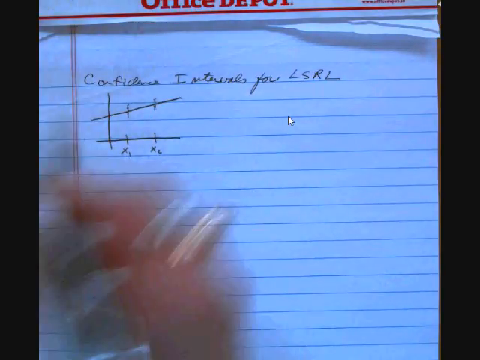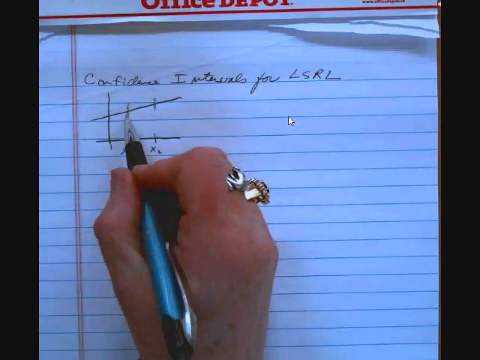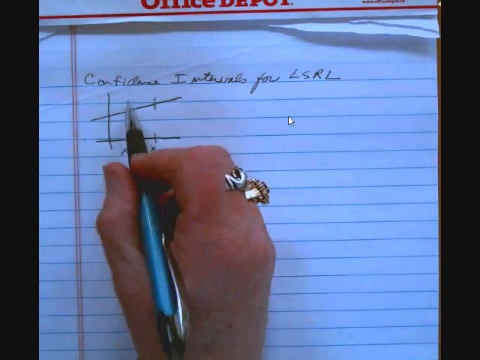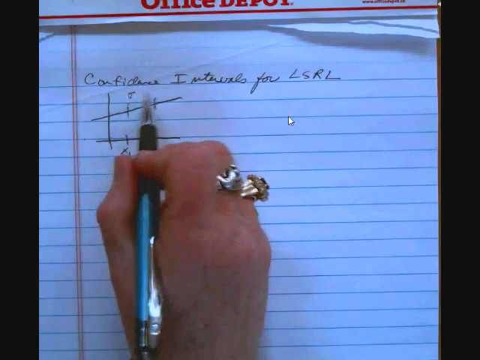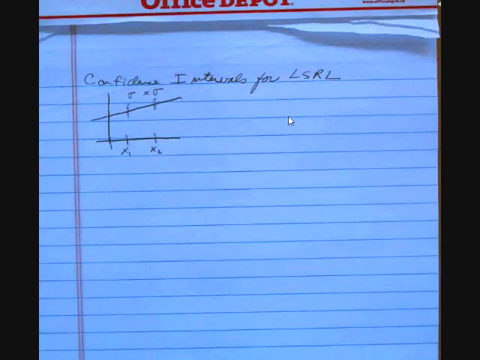And all these possible outputs would have a mean, a center, which should be right here on the regression line, and a standard deviation. And that standard deviation needs to be constant for all the outputs. Okay?